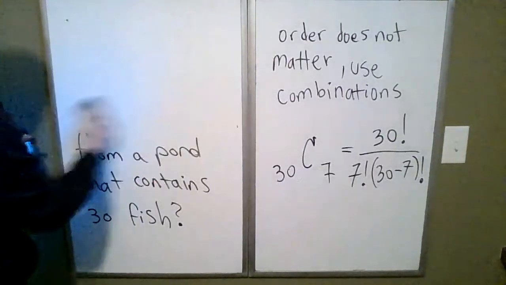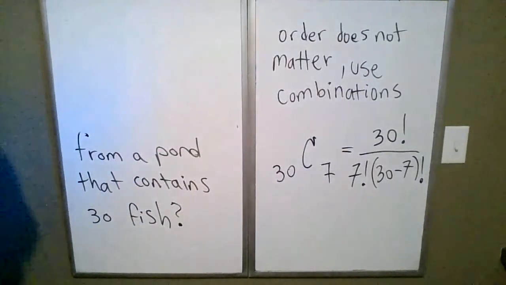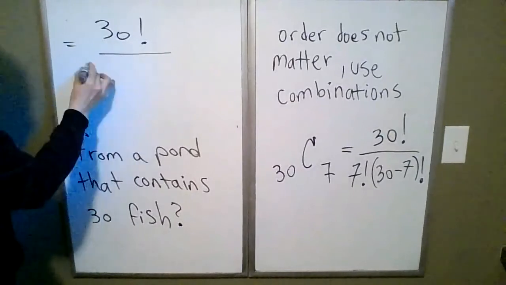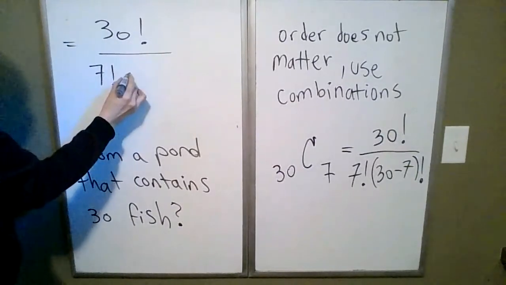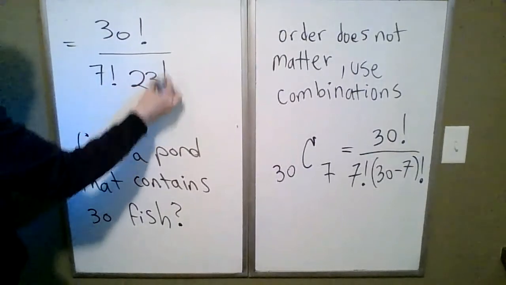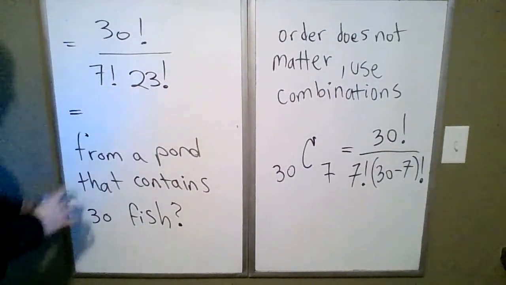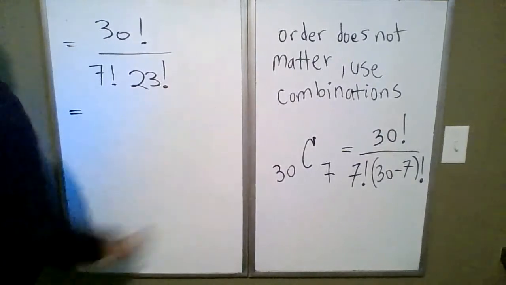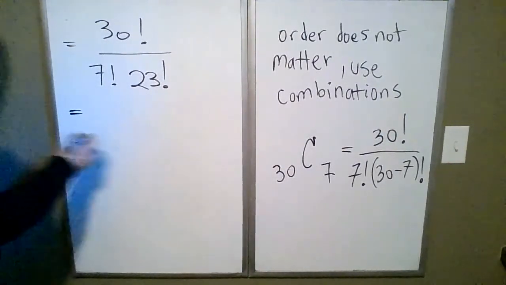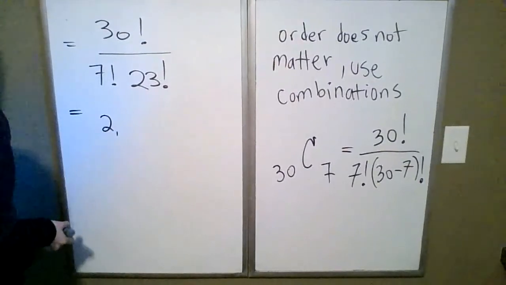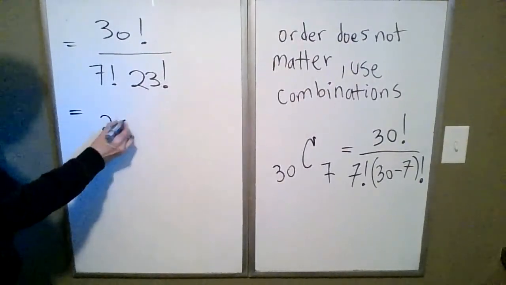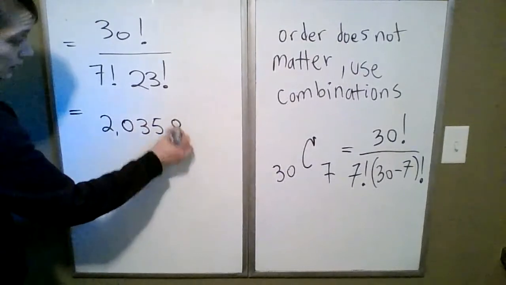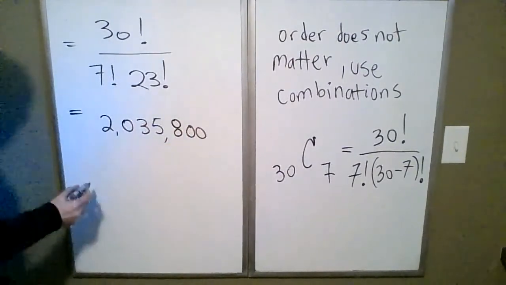We've gotten to 30 factorial over the 7 factorial times 23 factorial. That's $2,035,800 ways.